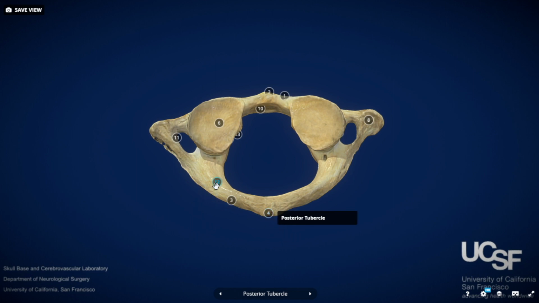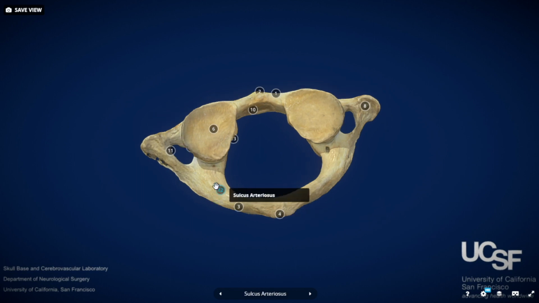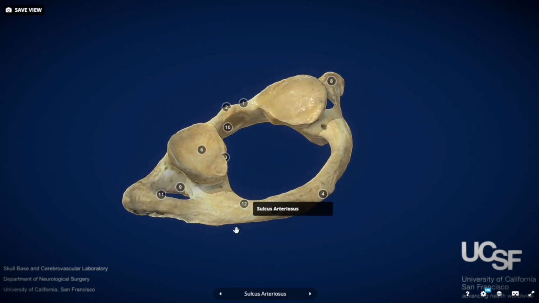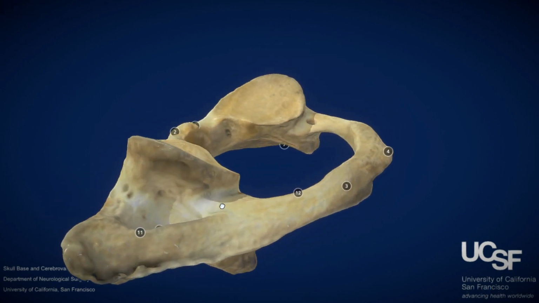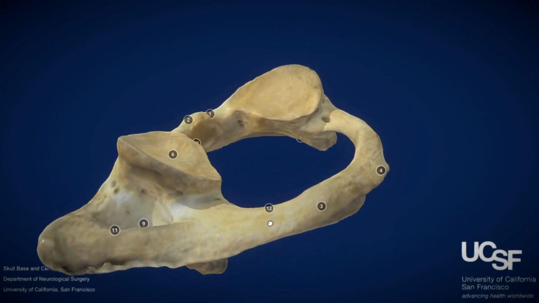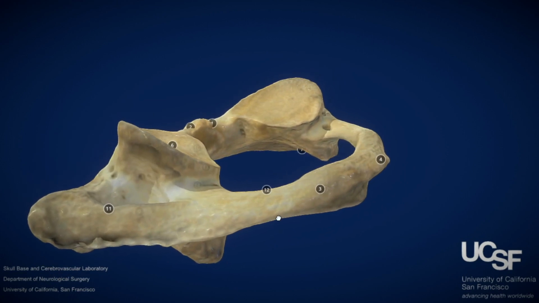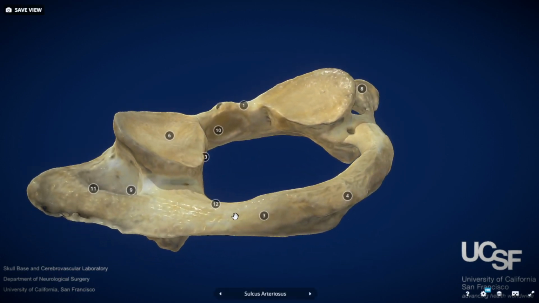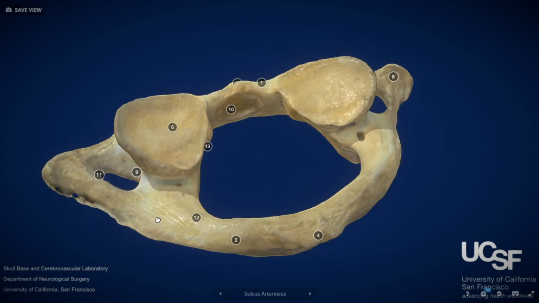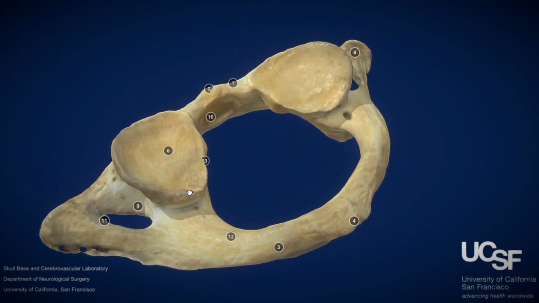Laterally, we're going to have two grooves, which are also called sulcus arteriosus. These two grooves serve as a place where the third segment of the vertebral artery is going to be resting, and it is important to analyze this area if any approach involving the vertebral artery is planning to be taken.